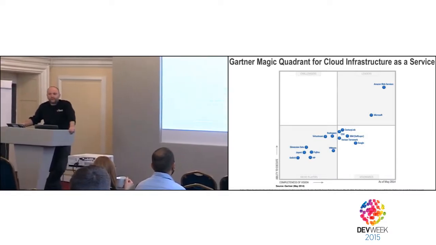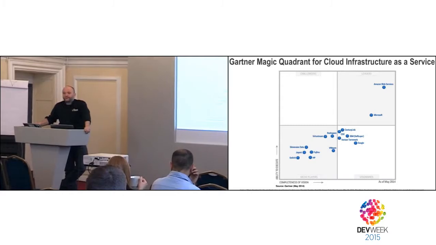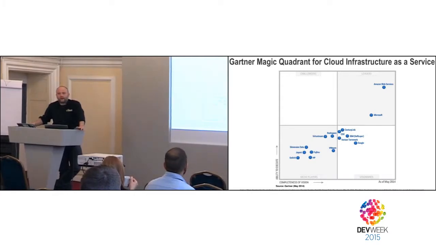And it shows that we're a leader in cloud infrastructure as a service. In fact, Gartner, doing their research and interviewing all the providers, stated that Amazon Web Services has 5 times the compute capacity of all the other providers together. So it shows the massive scale that we operate at compared to other providers.